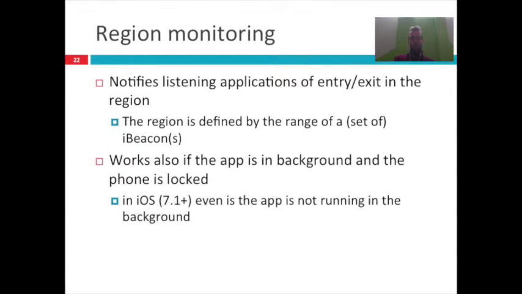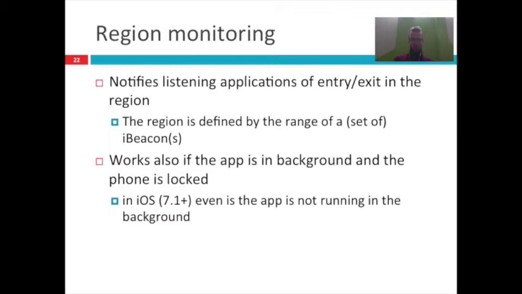There are two key functionalities that are exposed by iBeacons technology. The first one is region monitoring. What it does is that it notifies listening applications of entry-exit in the region, where the region is identified by the range of one iBeacon or a plurality of iBeacons.